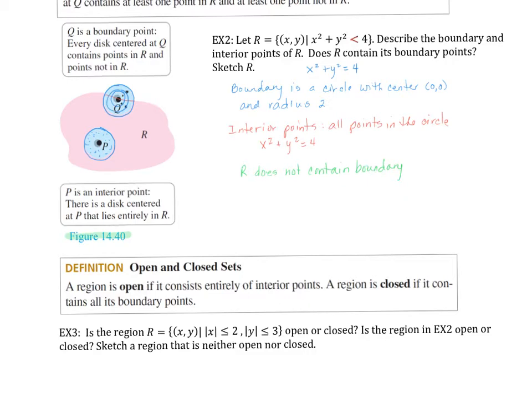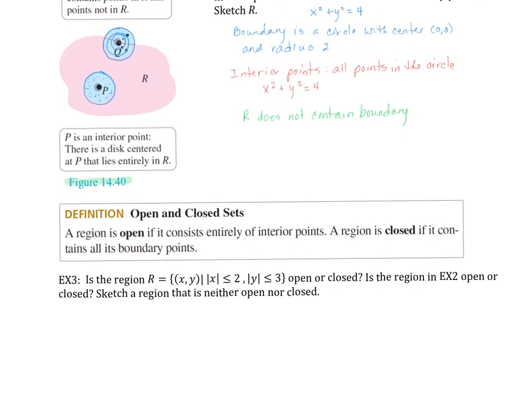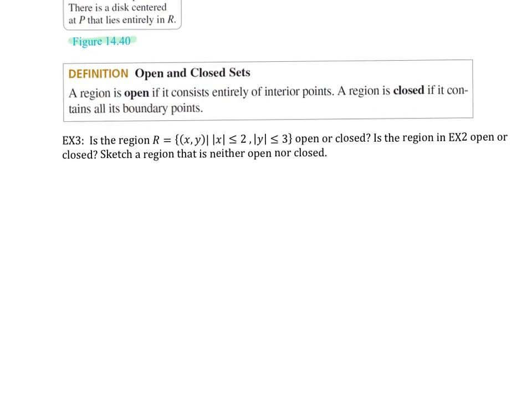So when we talk about these regions, these are just sets. Now it's important for us to discuss what an open and closed set is. So any region R is open if it consists entirely of interior points.